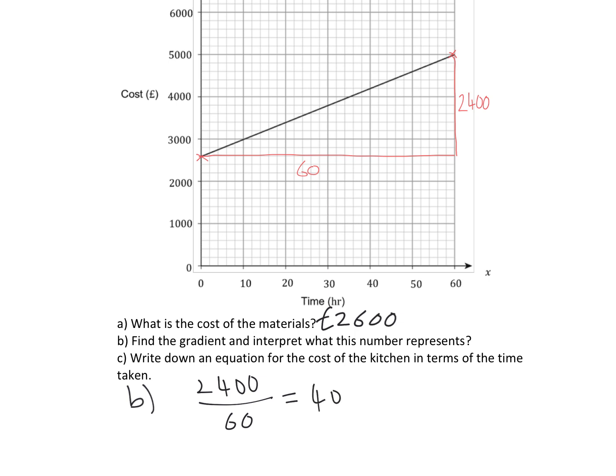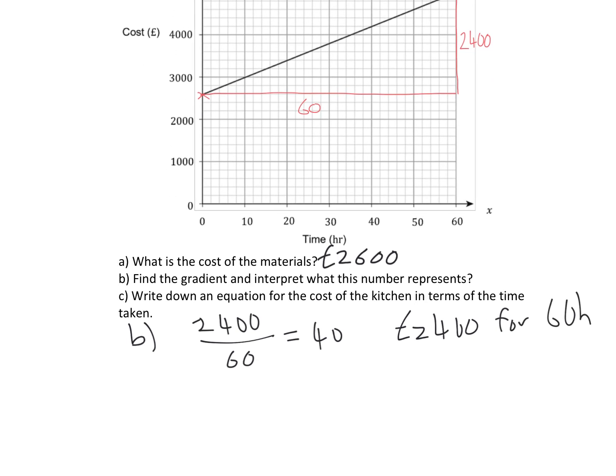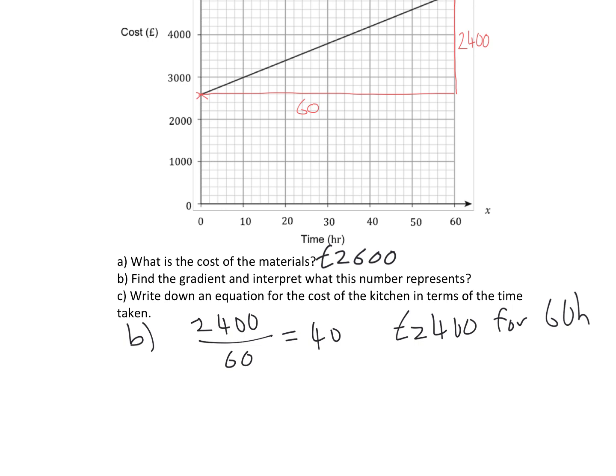Maybe to understand that better, we could think about a different way. Those 60 hours that she worked, she gets paid £2,400. So it's £2,400 for 60 hours. If you divide 2,400 by 60, you get £40. So you're actually getting £40 for 1 hour.